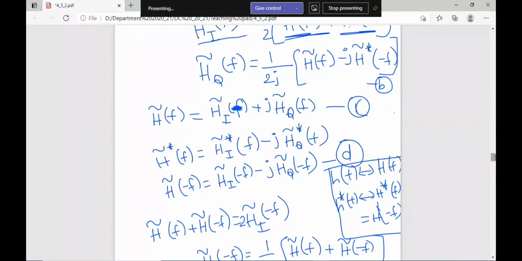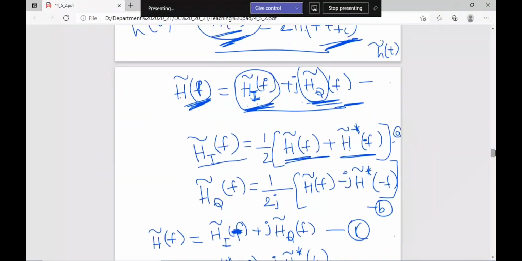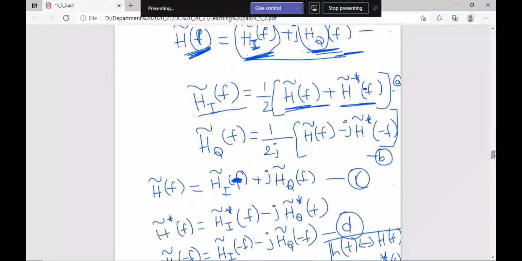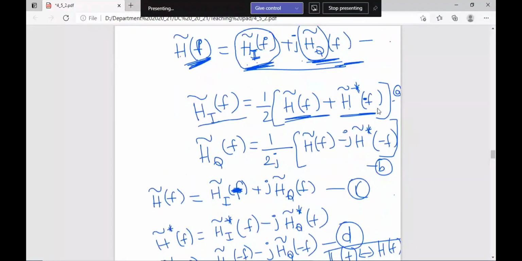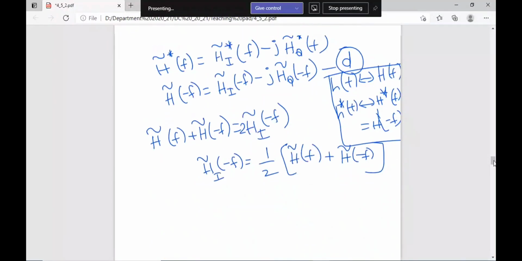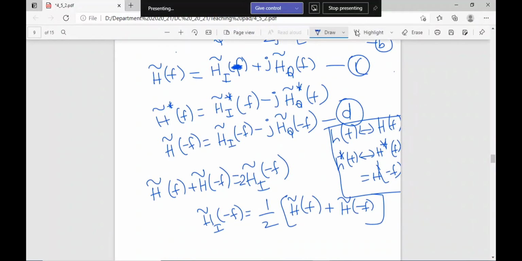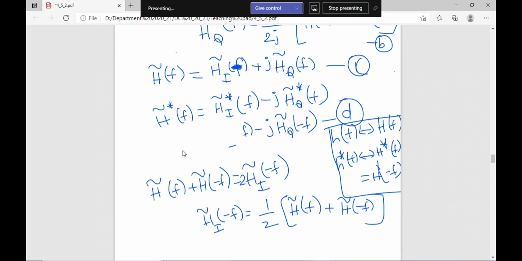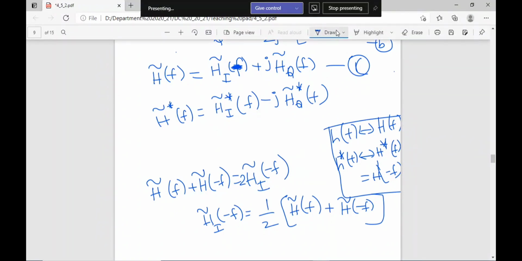Somewhere something is missing. Oh, it is not h tilde star of minus f. First, what I'll do, I'll replace f with minus f.